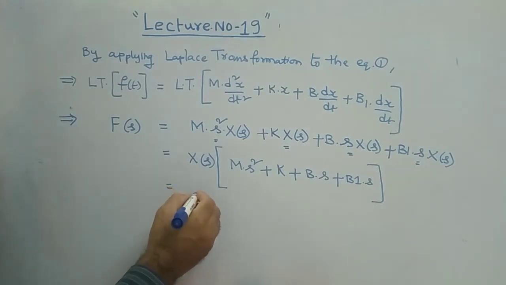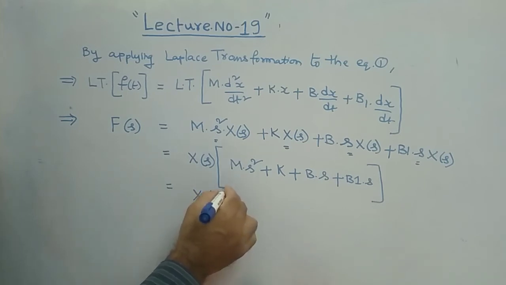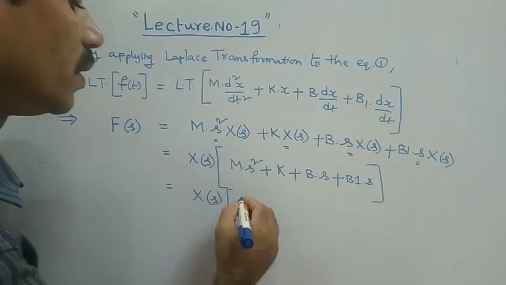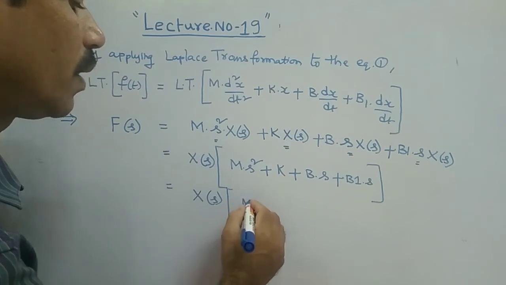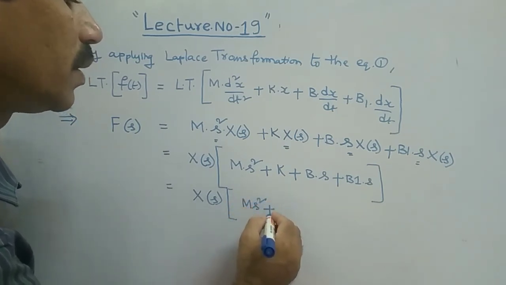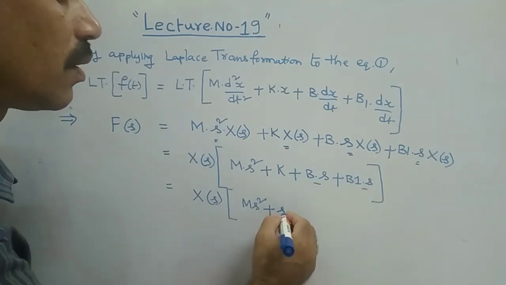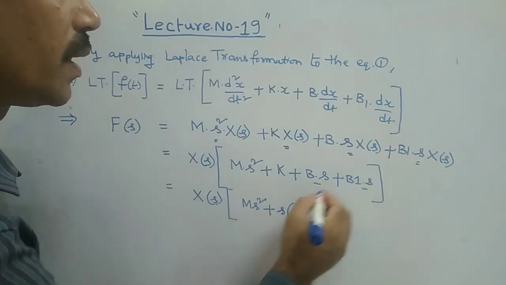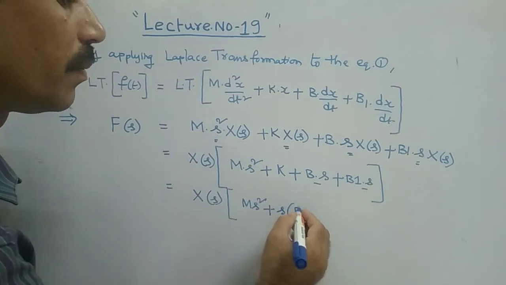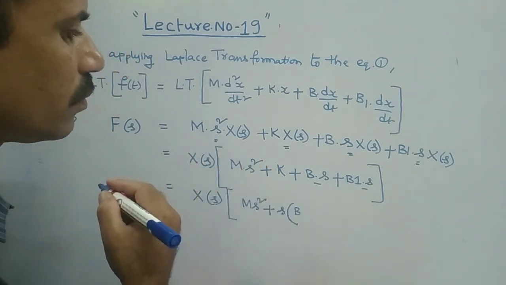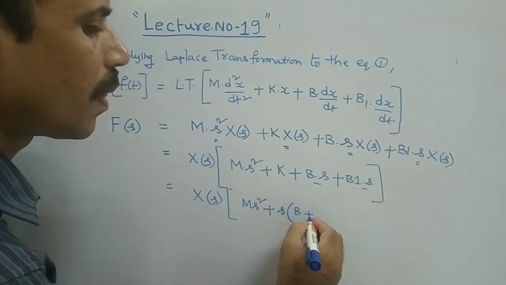This is equal to X(s), and further you simplify. This is m s square, plus there is an s term. In these two, again s is there, so take s as common. Then it will be b plus b1.